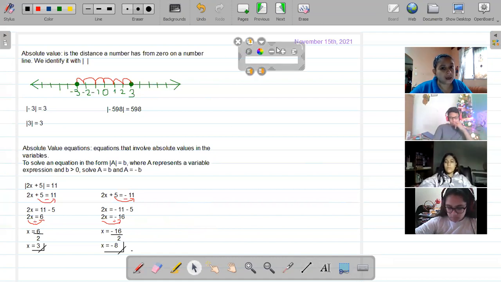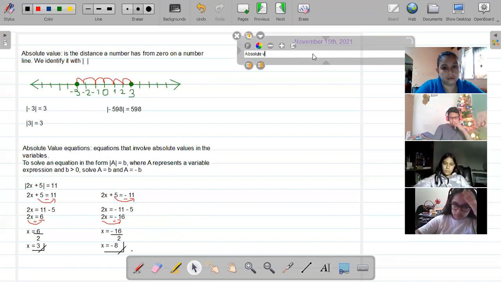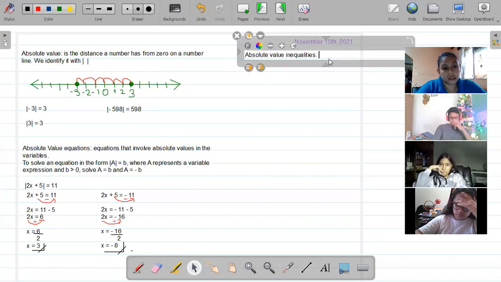Okay, now let's see the second part. That would be absolute value inequalities, okay? And just like the absolute value equations, these are inequalities, not equations.